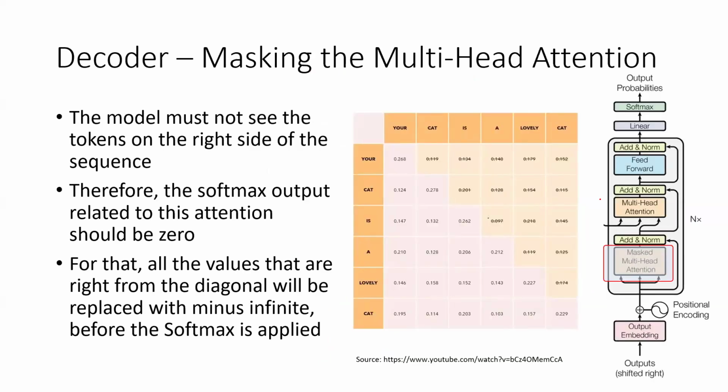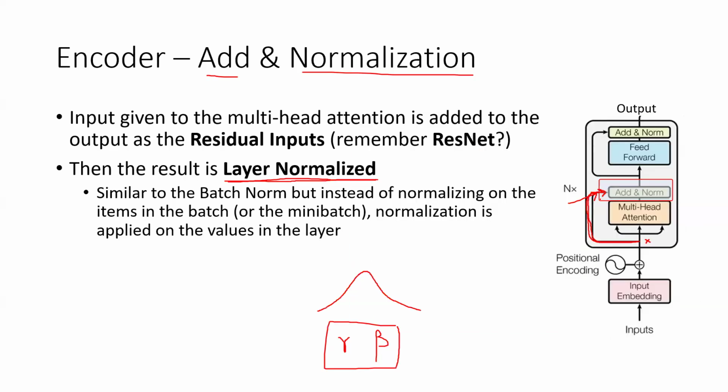Now let's move into the decoder part. So we have learned about the encoder, right? We are not going to discuss the feed forward layer. We know what the feed forward layer is, right? What it does is it tries to combine all of these concatenated outputs, and the real learning process happens in this feed forward layer.